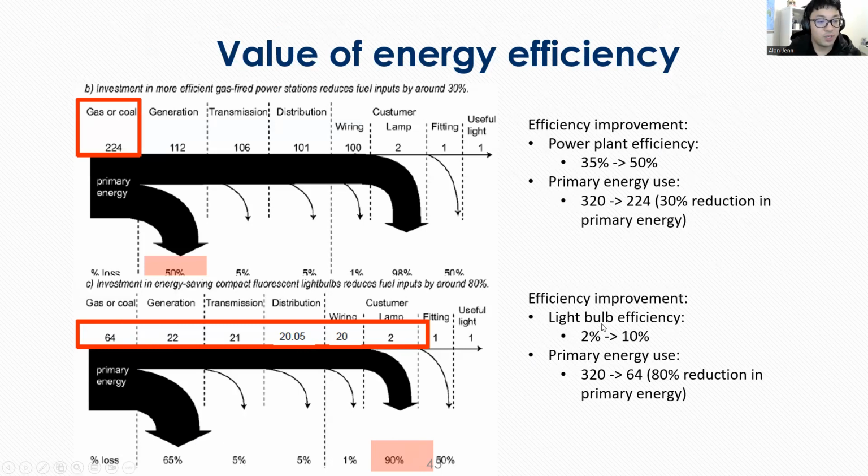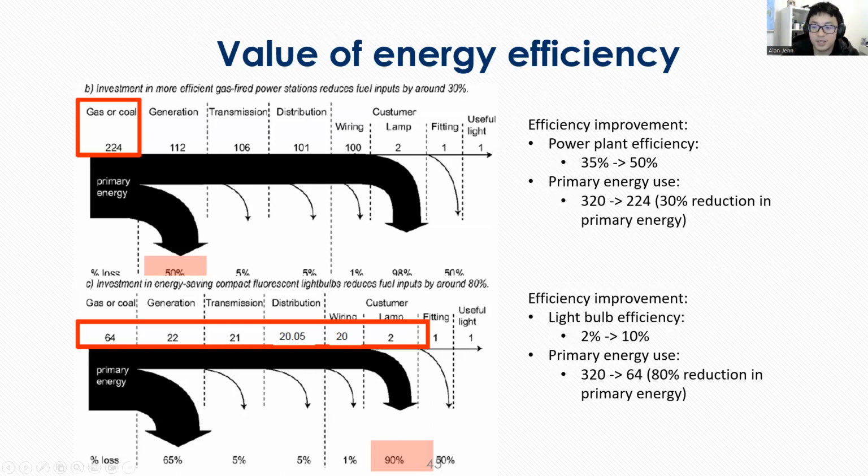And so looking at this specific slide, we can say, hey, it would make a lot more sense to simply make your end service much more efficient as opposed to your first primary piece.